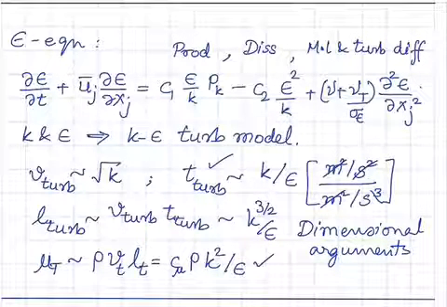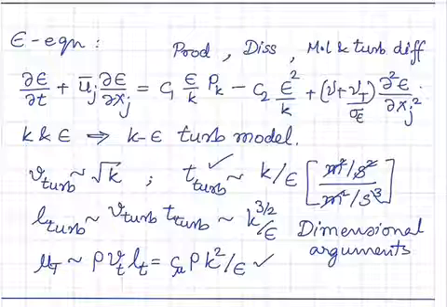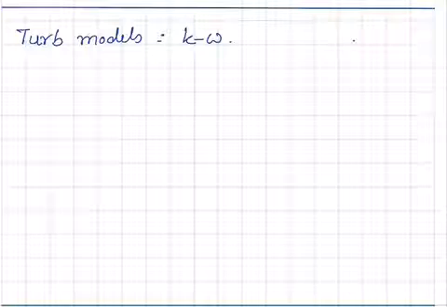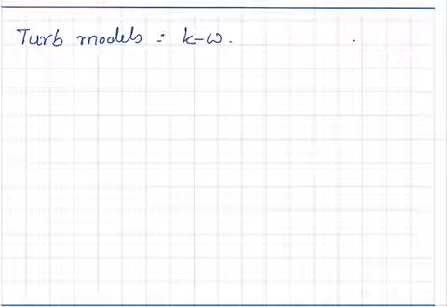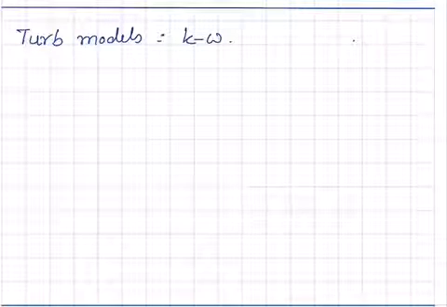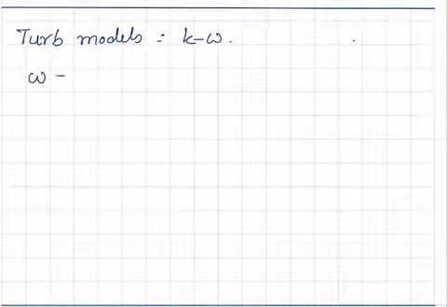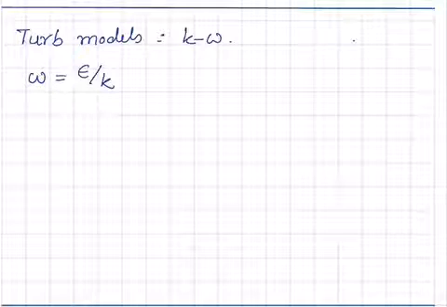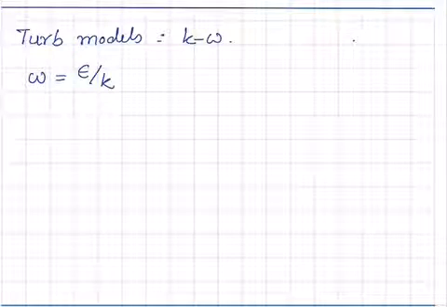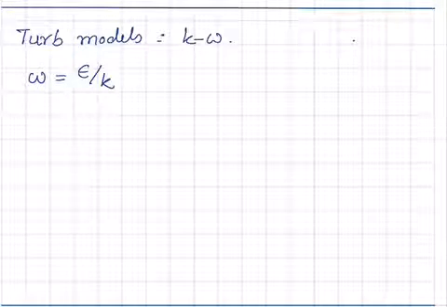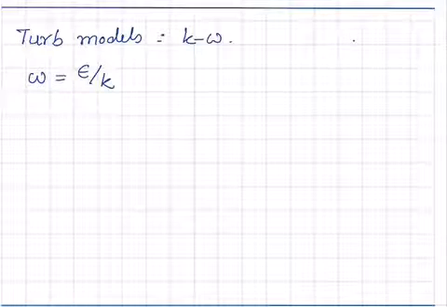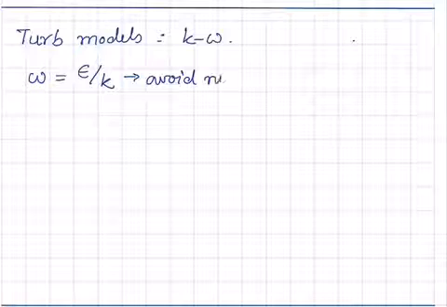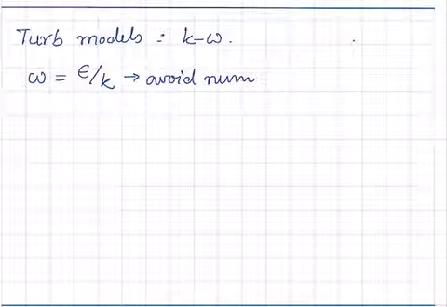Okay, let's go to the third part of the lecture module, where we extend this idea further to define what's called the k-omega turbulence model. Omega is defined as another variable which is epsilon by k. It has less physical meaning, but it's actually a numerical trick to avoid numerical difficulties.